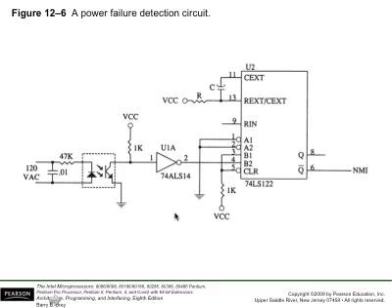That means we're going to have a 1 here, and then we have a 1 here. This is a D flip-flop. We have a 0 on the Q bar. So essentially, in a normal case, we're going to keep 0 at this NMI output pin.